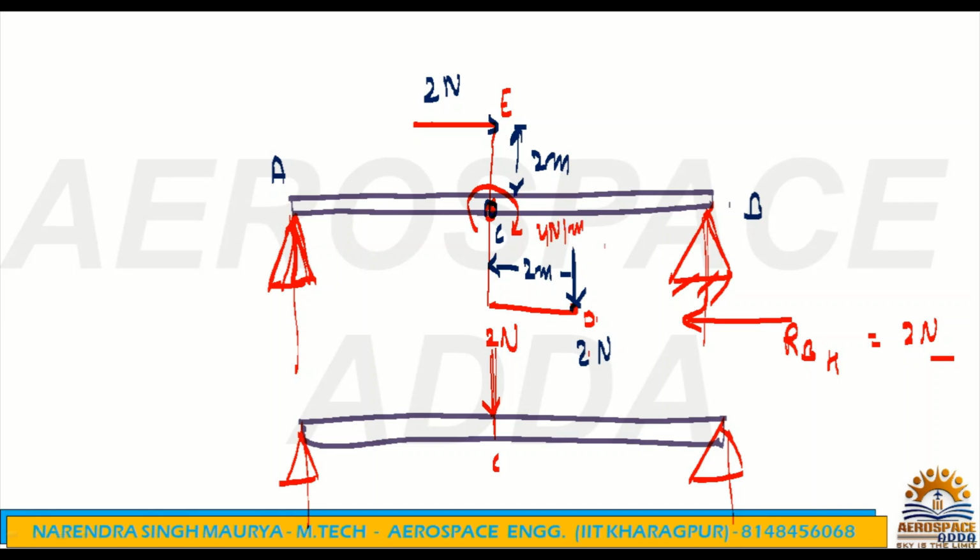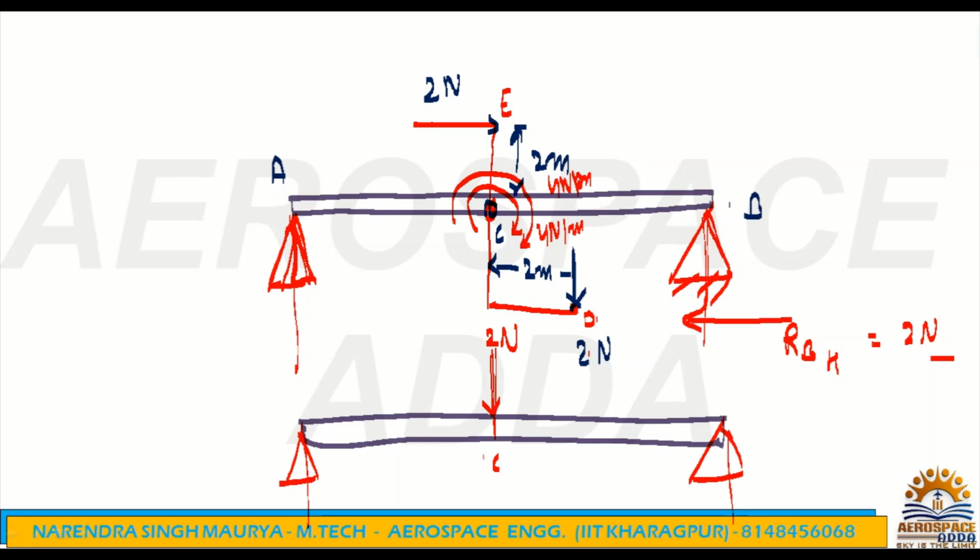That is true. What about this 2 Newton downside? It is also acting. So this 2 Newton will first be shifted to point C. That is true. But this 2 into again the perpendicular distance from C, it is nothing but 2. So 2 into 2, that is 4 Newton meter, and it also provides a clockwise moment. So two moments will be acting here. It is also 4 Newton meter.